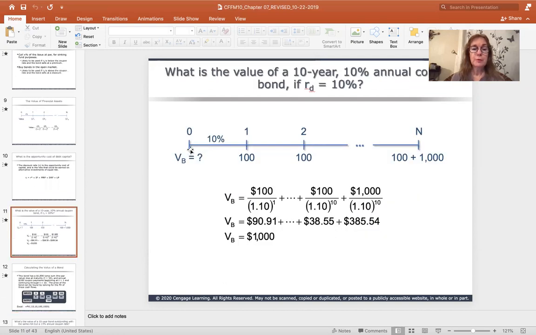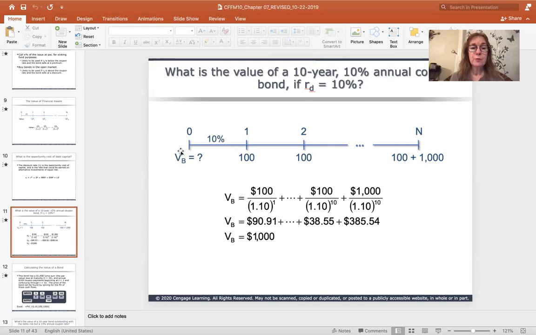Okay, so let me explain why we even bother with bond valuation, because, as you know, interest rates do not stay the same. So if interest rates increase, this is the market interest rate. When this bond was issued, the market interest rate was 10%, so they issued the bond at 10%.